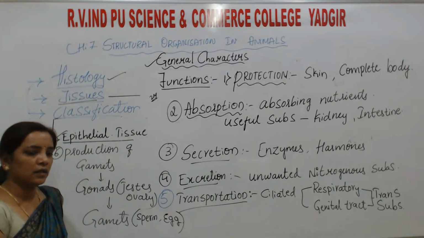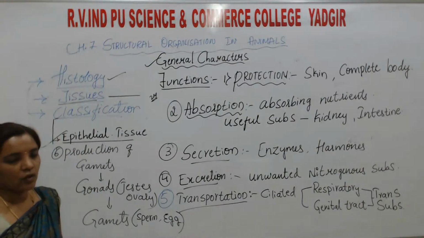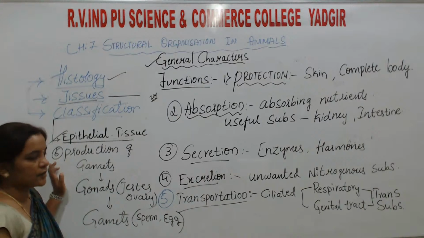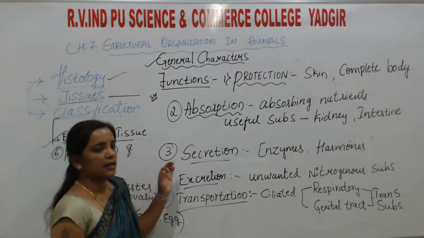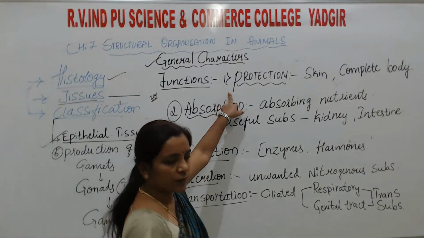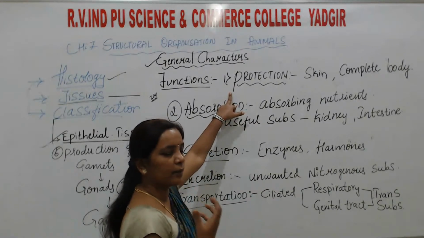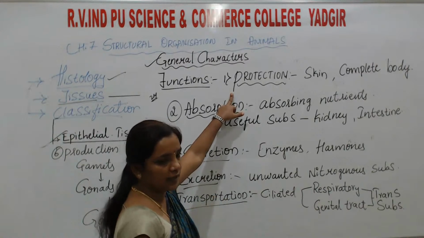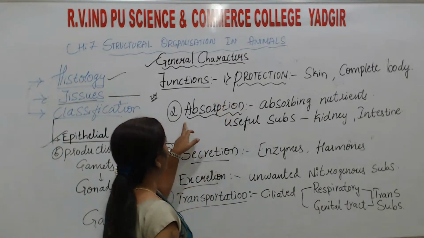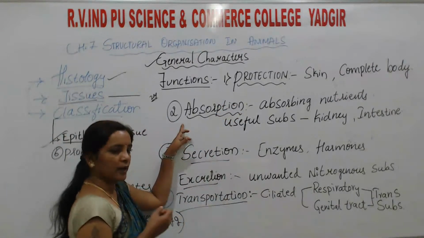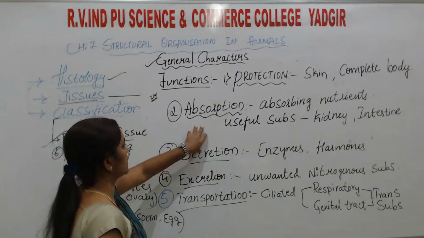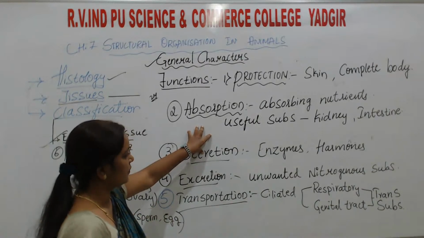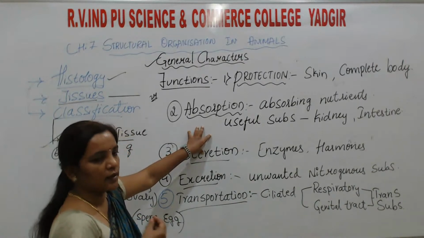So what are the functions of epithelial tissue? They are helpful for protection; the skin and the complete body are covered by epithelial tissues. Then they are responsible for absorption, absorbing nutrients and useful substances.